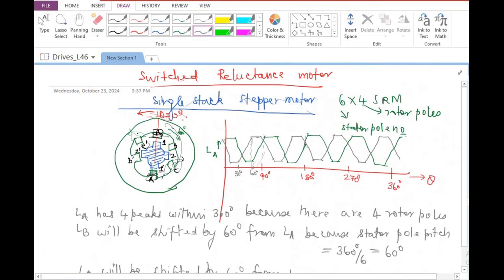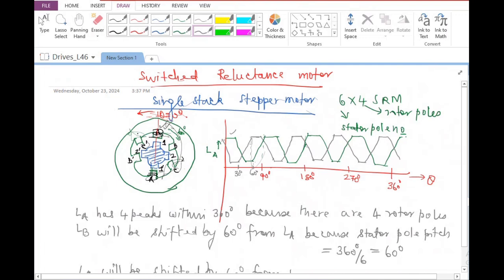Now, every time A phase is energized, one of these poles, either 1 and 1 dash or 2 and 2 dash, is going to align with A phase. Whenever they are aligning, inductance will be maximum. Every time the rotor poles are in non-aligned condition, they will try to align themselves.